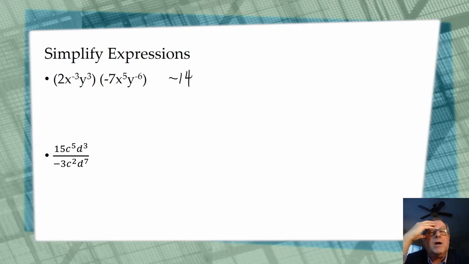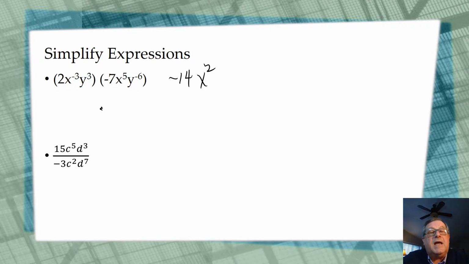So I've got x raised to the power of negative 3 times x to the 5th. We're just going to add those two together. So it's x to the negative 3 plus 5, and that's going to give us x squared.